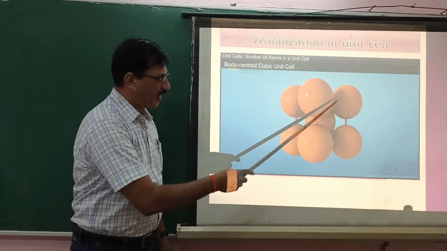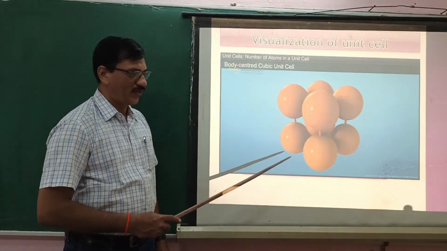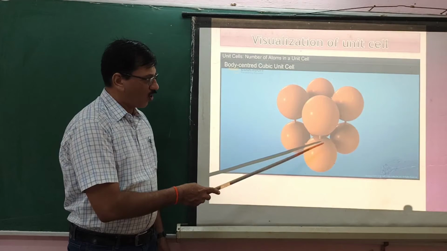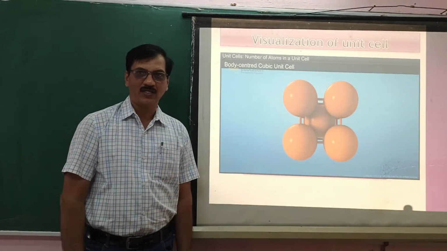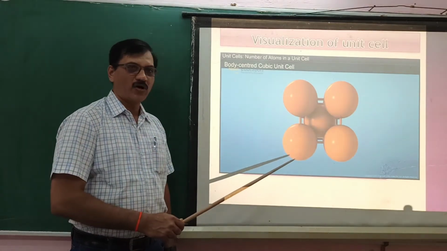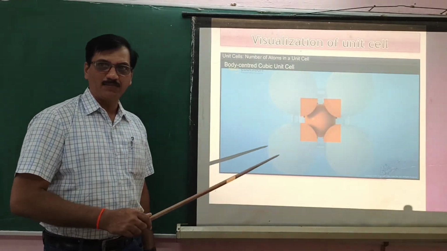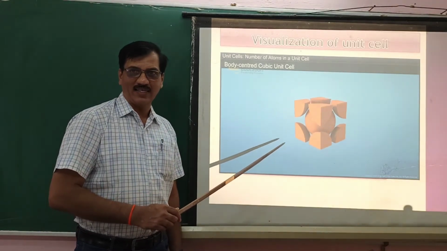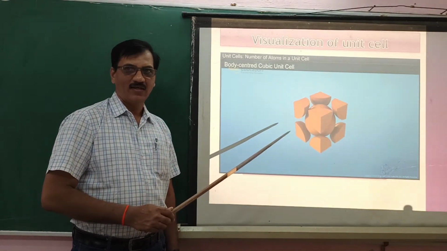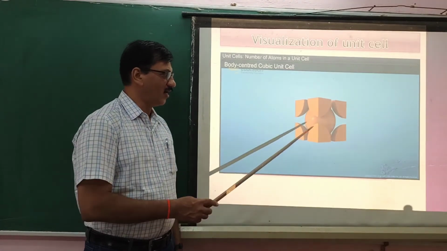Those at the diagonal are touching in face centered. Those at the corners are not touching each other. This is a very important point. This space filling model is the exact way that atoms are present inside the unit cell. The point is very clear here.